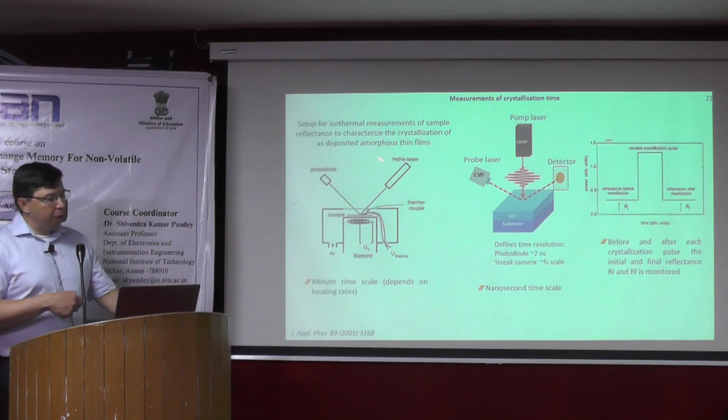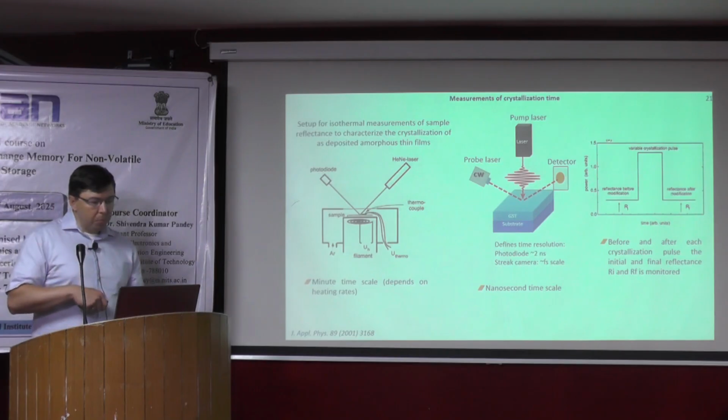In the isothermal measurements, we also use a laser to see the phase change between amorphous and crystalline, and here you use thermocouples to measure the temperature, and then you heat up and look with the laser at what's happening in your specimen.